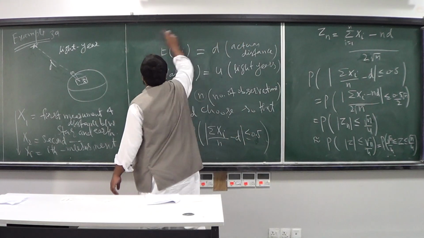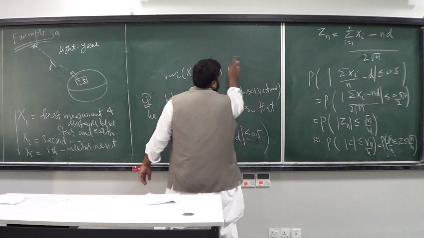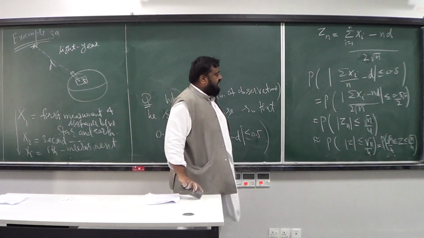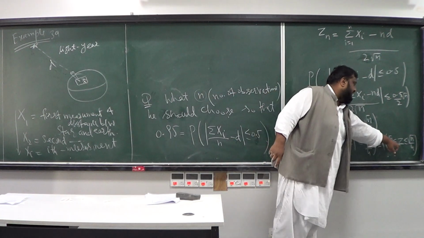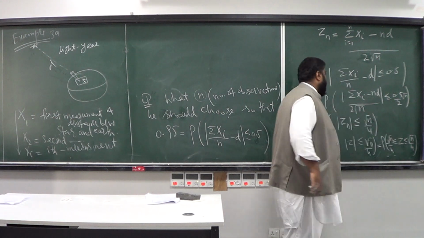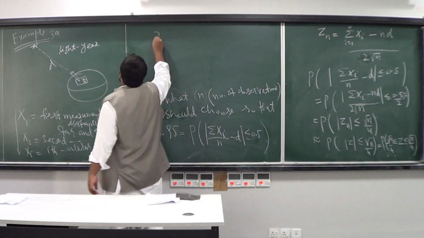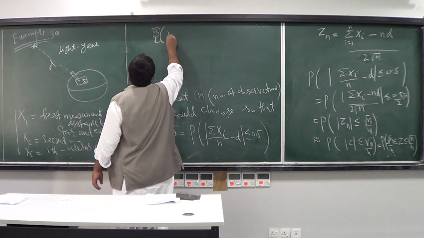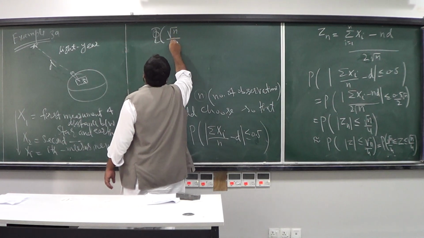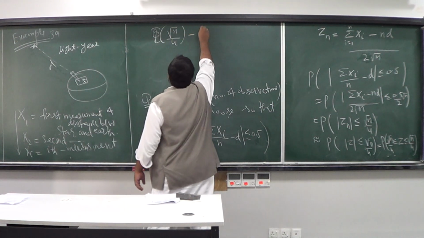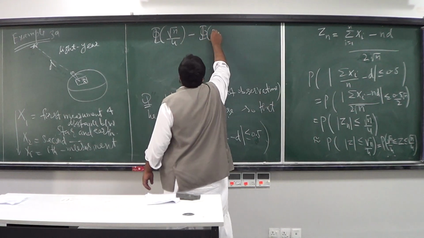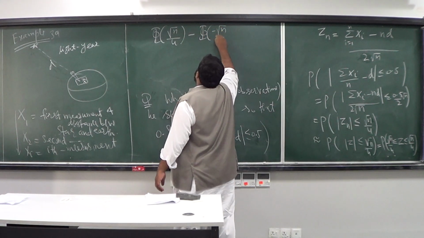Now Z is a standard normal, so this probability can be computed by computing Phi at square root of n by 4 minus computing Phi at minus square root of n by 4.